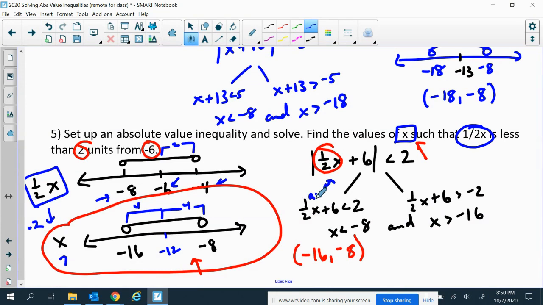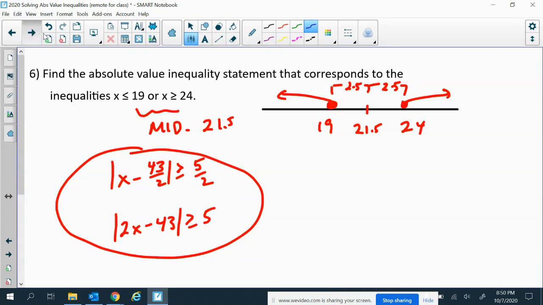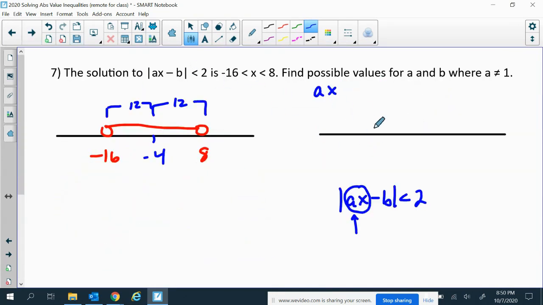This would be a times x in this problem. So I want my graph of a times x to have b as the center and my distance to be 2 in either direction.